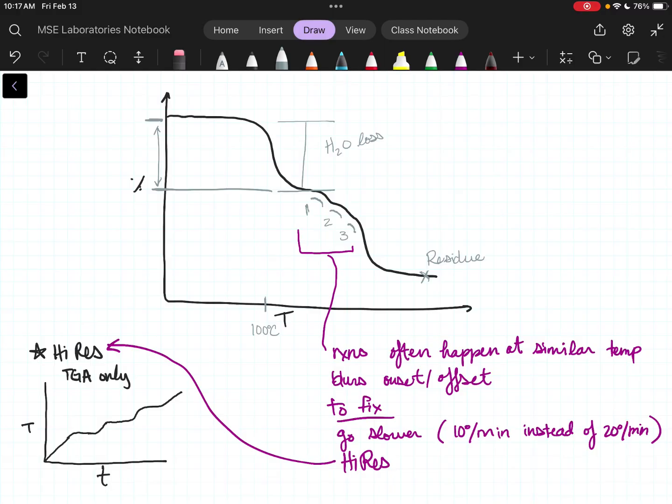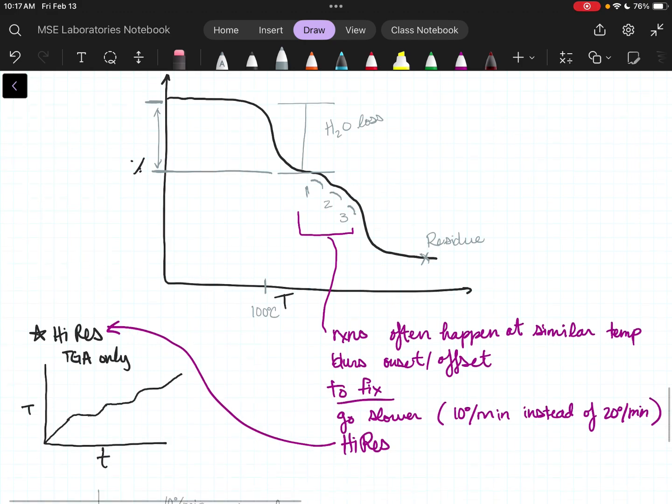One with linear, one with the high res. Exactly. So this would be one of those situations where it's better to separate out DSC and TGA. High res is TGA only. You cannot run DSC at the same time as a high res scan. But it separates out these kind of very close together reactions very nicely.